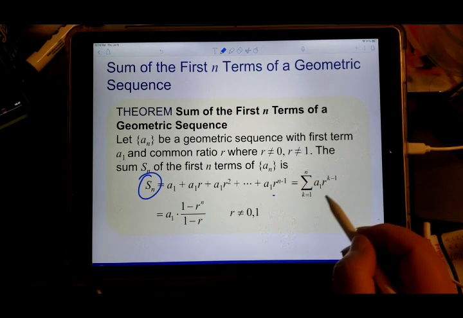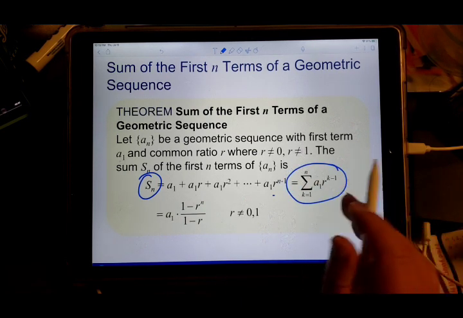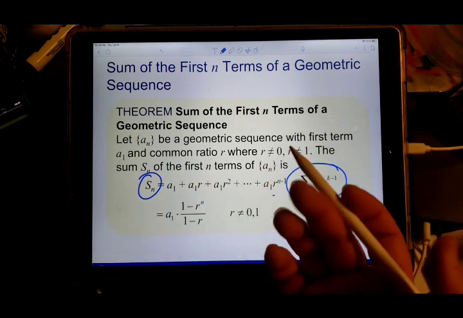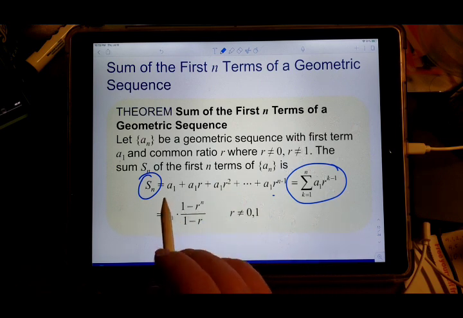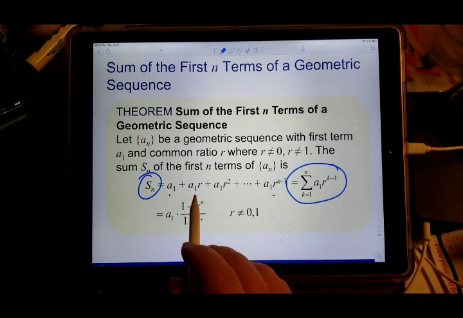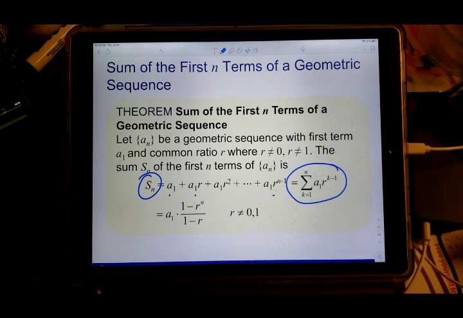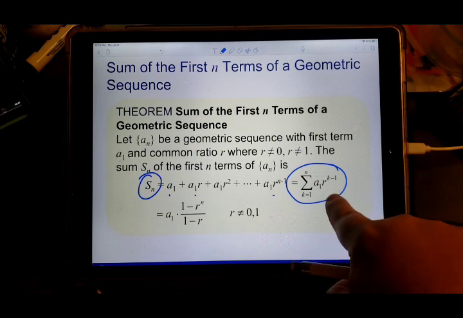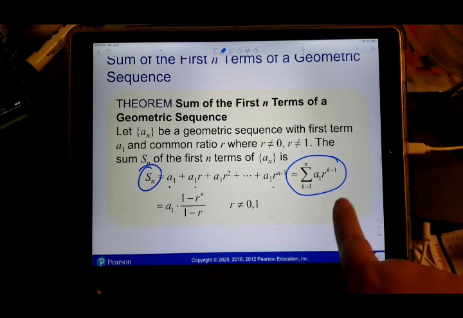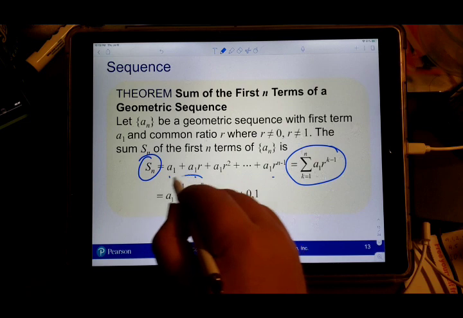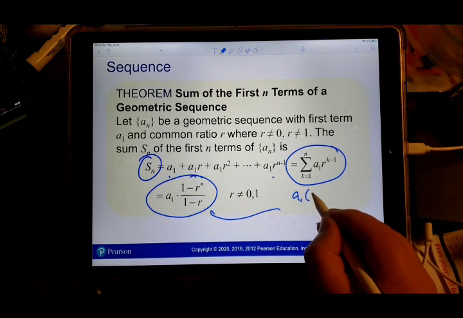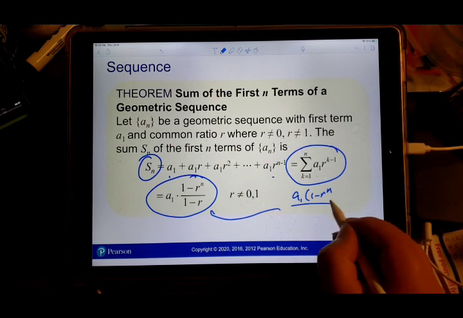You know what it means to have the sum of the first n terms. It's the first term plus the second term, and so on. There were some formulas that they're referencing here, which I'm going to seriously tell you not to worry about. But know this formula, know it in its alternative way of writing it with parentheses.